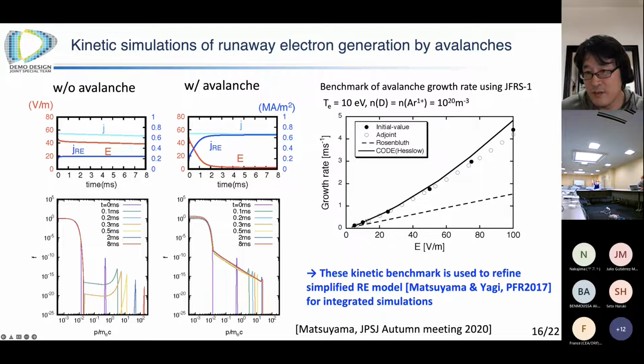Our results are in good agreement with the recent result by the Fokker-Planck code CODE published by Hesslow. Based on this activity, this kinetic benchmark result is used to define the simplified runaway electron model, and so we have improved the accuracy of the simplified runaway electron model that can be used for the integrated simulations.